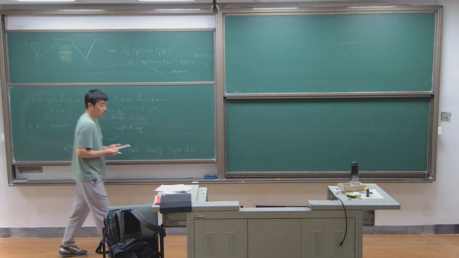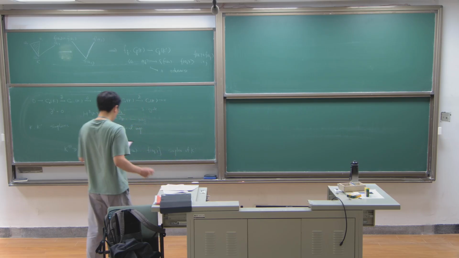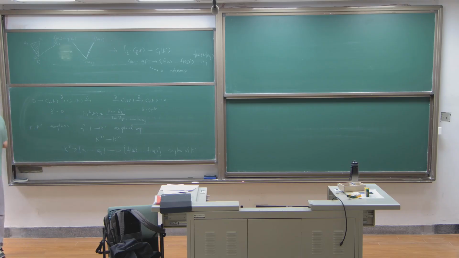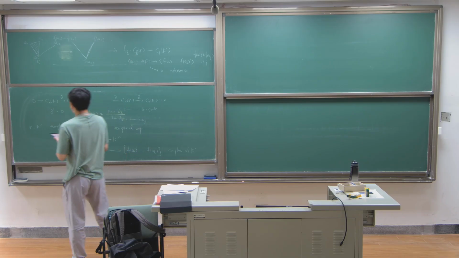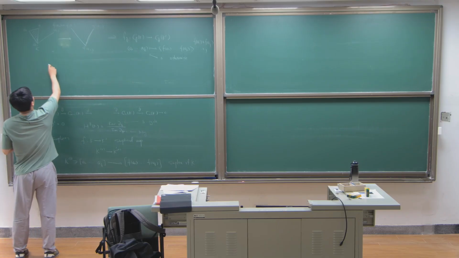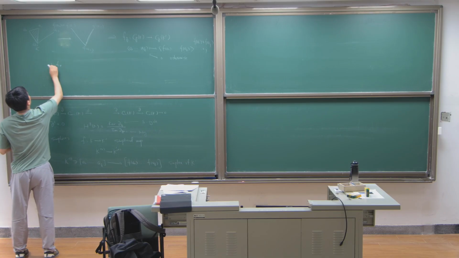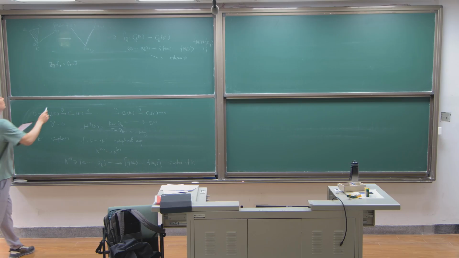So this 单纯映射诱导这个链复形的映射. And then you can easily check that they commute with this boundary map.